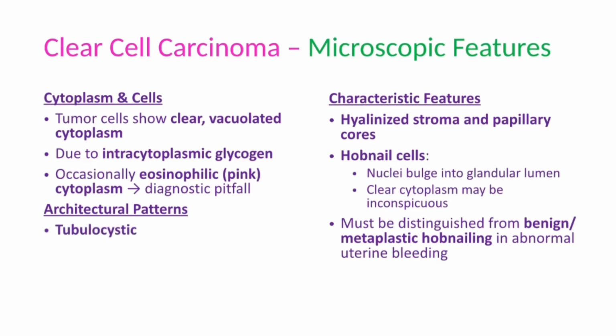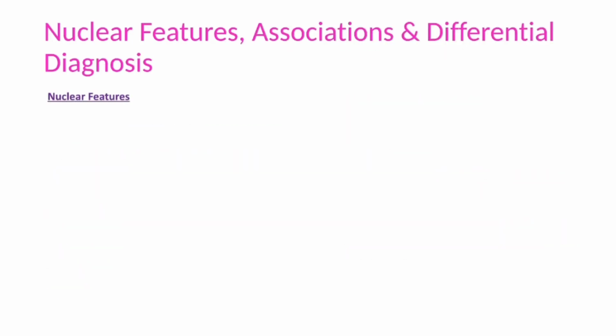At that time we have to see the architectural pattern, whether it is tubulocystic, glandular, papillary or solid. Nuclear features, associations and differential diagnosis: by definition it is high grade with marked pleomorphism.